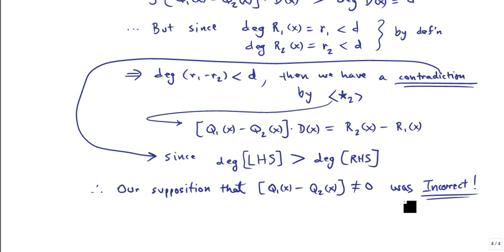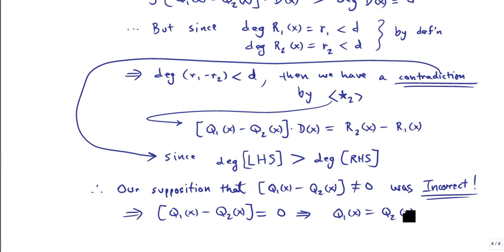And because that's incorrect, therefore in fact q1 of x minus q2 of x is 0, which means that q1 of x is equal to q2 of x. And this implies then that the left-hand side of star 2 above is 0.